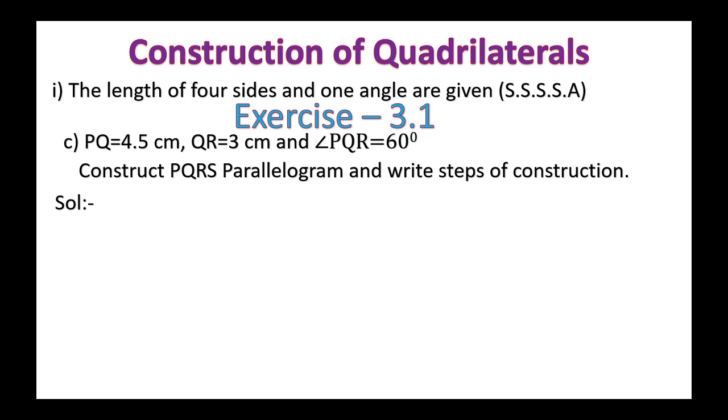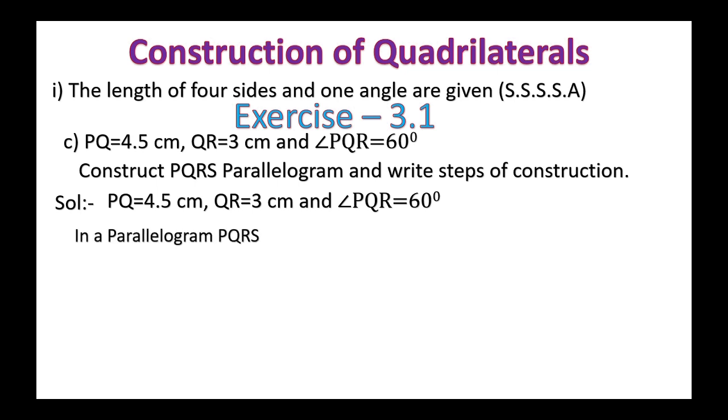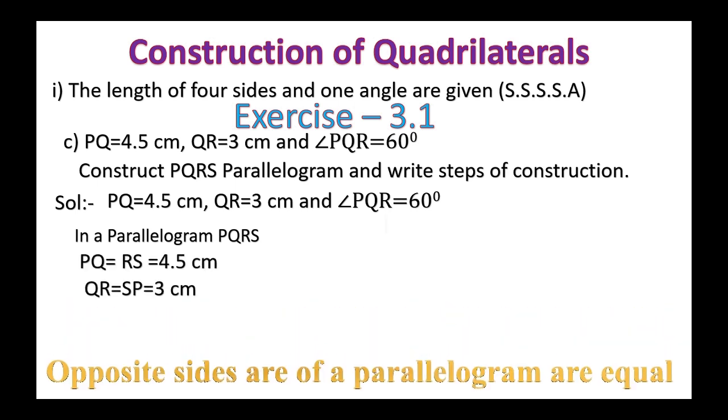In a parallelogram PQRS, PQ is equal to RS is equal to 4.5 centimeters, QR is equal to SP is equal to 3 centimeters. Opposite sides of a parallelogram are equal.